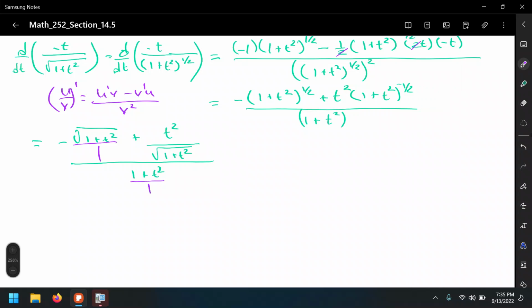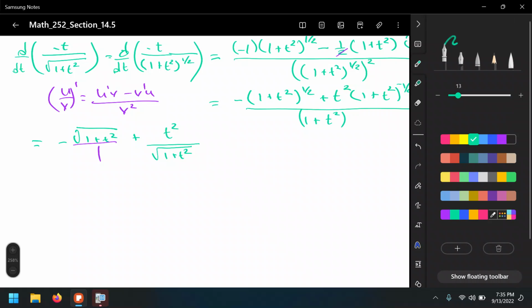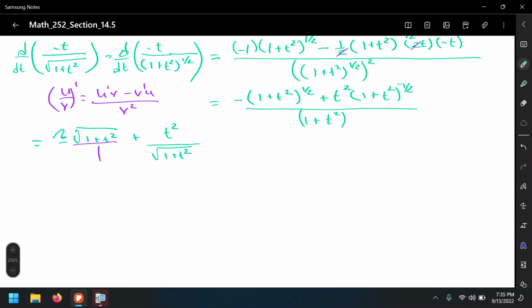So I'm going to erase this, and instead of this crazy looking fraction, I'm going to put divided by 1 plus t squared. That way it doesn't look like a complex fraction.